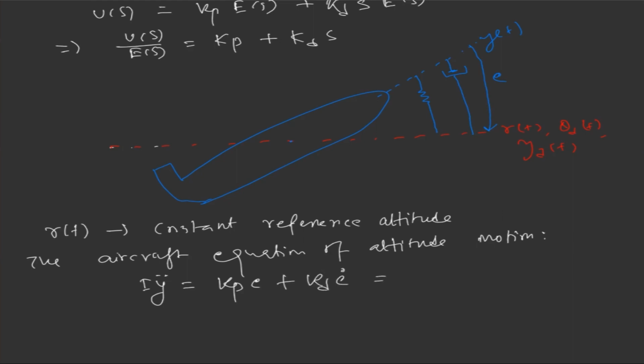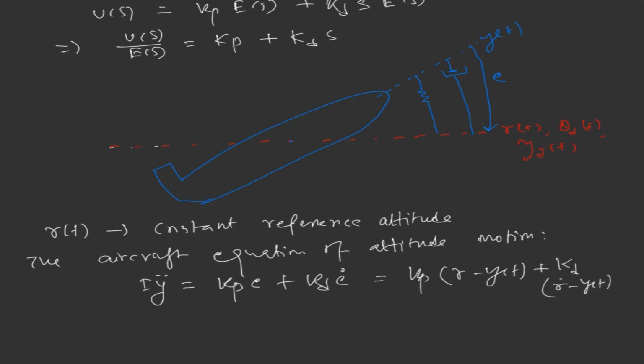Since we are assuming R to be constant, we can write further Kp (R minus y of t) plus Kd (R dot minus y dot of t).